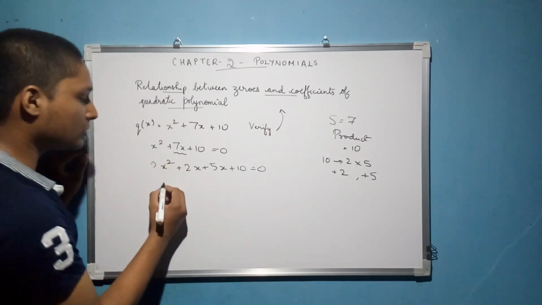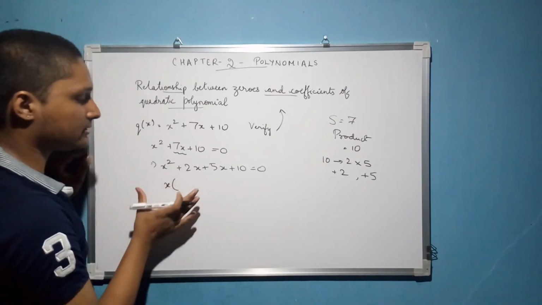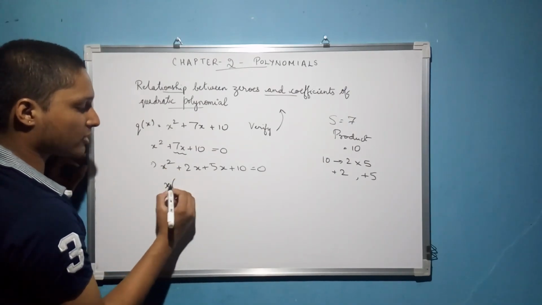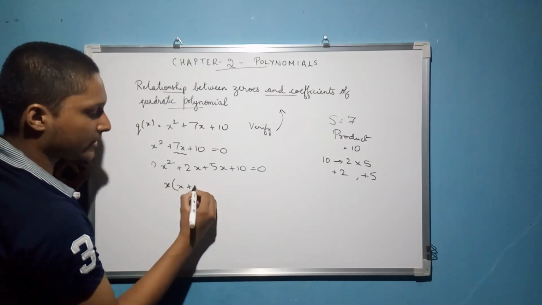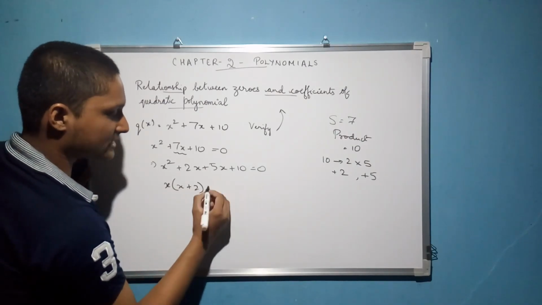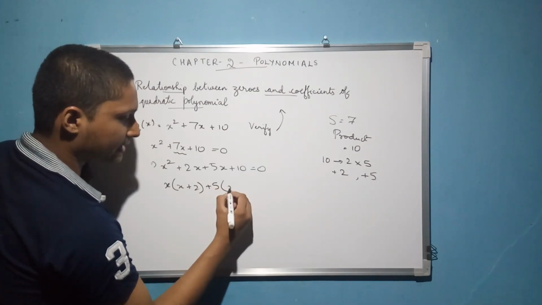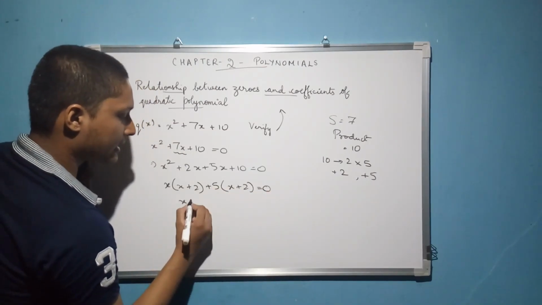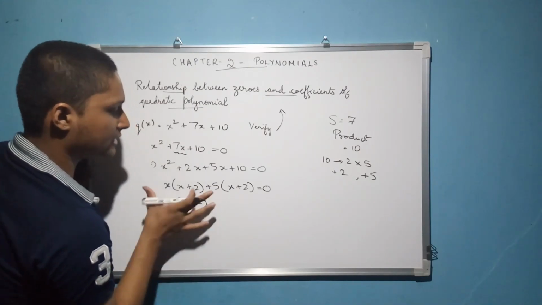Now take the common factors outside. Here x is common, so it comes to be x into x plus 2. Here 5 is common, so plus 5 into x plus 2, that is equal to 0. That is, x plus 2 is common out of these two terms.